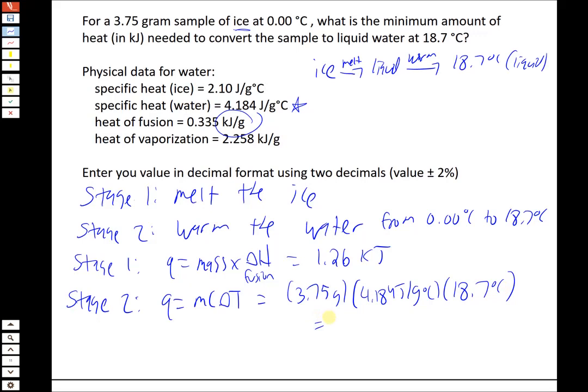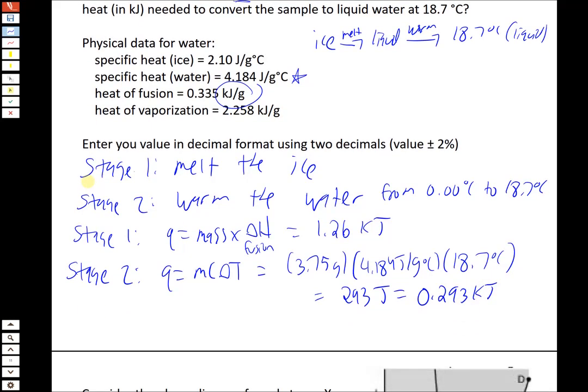Again, you likely had different numbers than these in your problem, but in this case that comes out to 293 joules, which is 0.293 kilojoules. And again, this is a two-stage process, so now we're going to add the two together to figure out the total amount of heat. 1.26 kilojoules to melt the ice, another 0.293 kilojoules to warm up the water to the final temperature. And so when we add those together, this time we get 1.55 kilojoules.